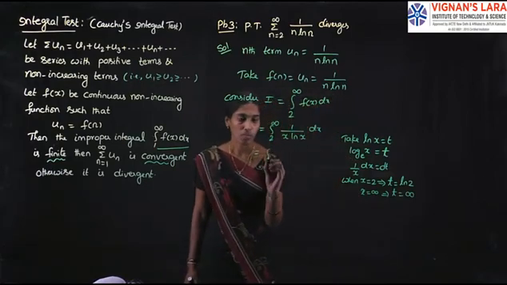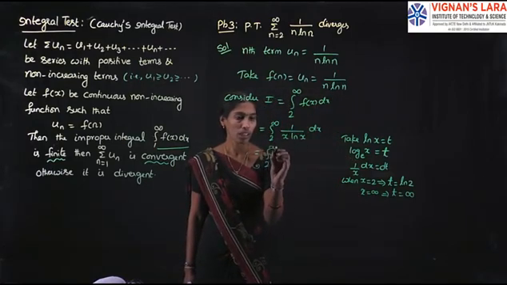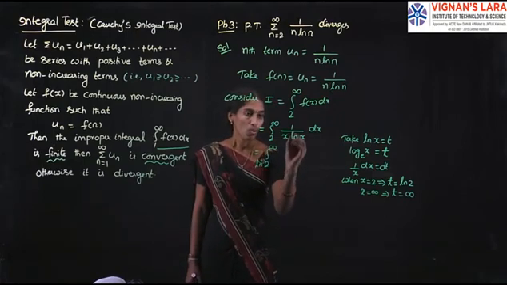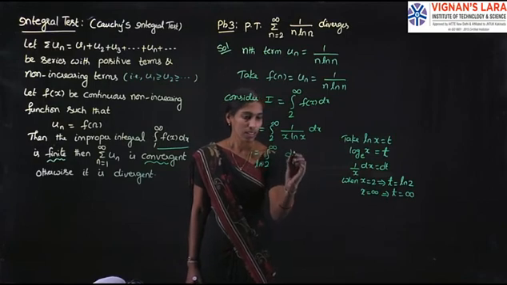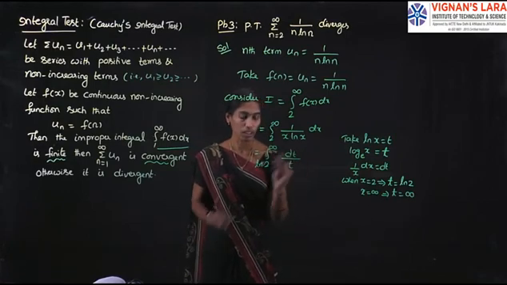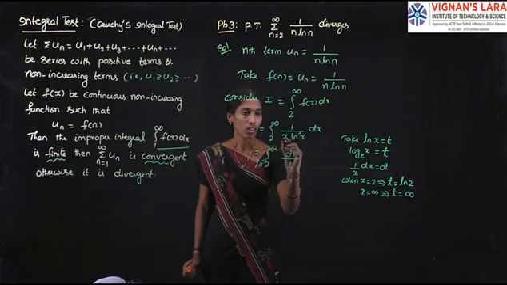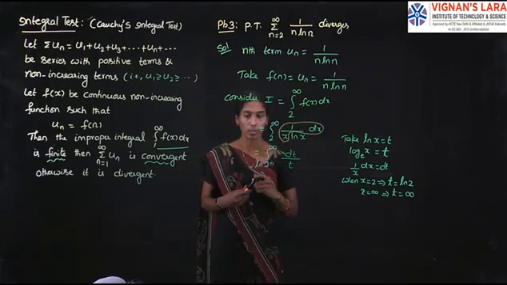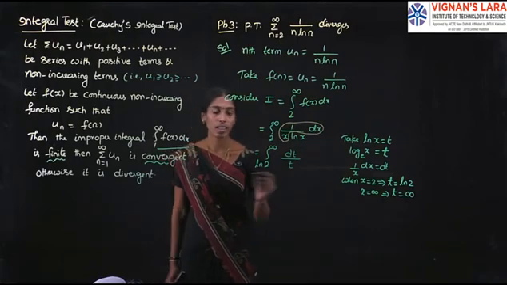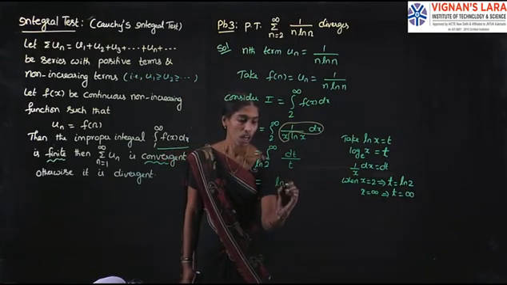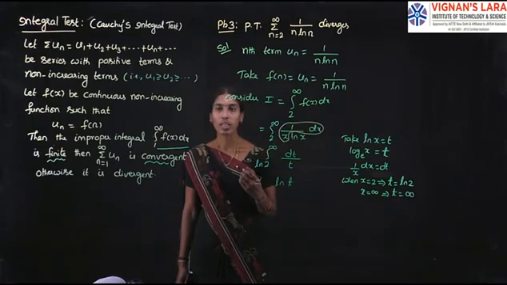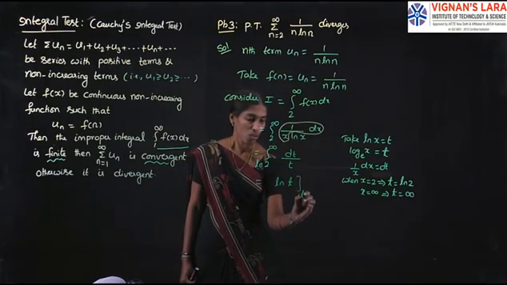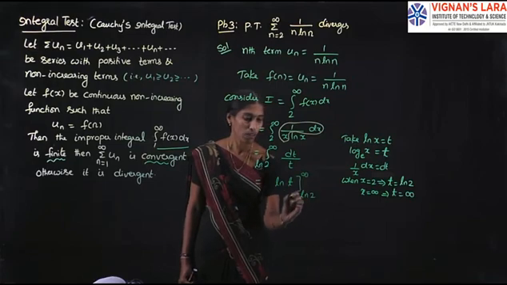So it becomes integration ln of 2 to infinity, not 2. 1 by x dx is dt, so we get dt by t. Integration of 1 by t is ln of t. Sometimes we also write it as log of t. Both are the same. So ln t from ln of 2 to infinity.